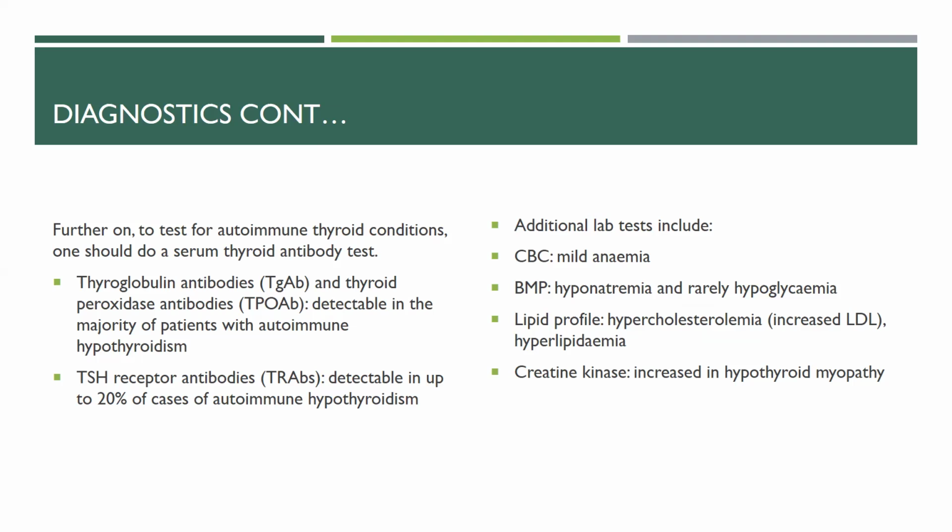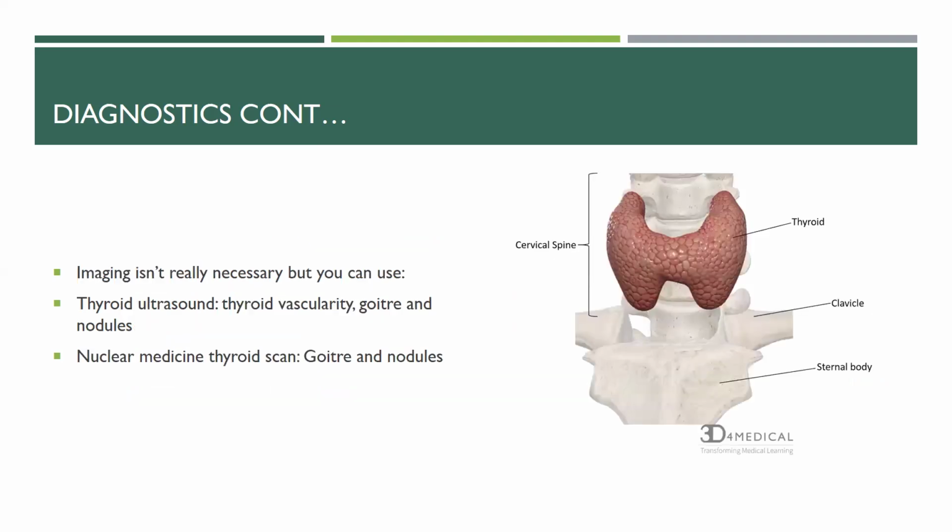Okay. So imaging isn't really that necessary, but you can still use thyroid ultrasound just to see if there is proper blood flow. You can also check for goiter and nodules using an ultrasound, which is also the case in hyperthyroidism.